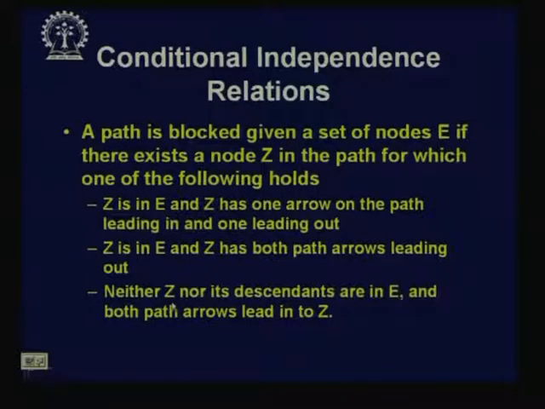Now, when we say blocked, when is it blocked? A path is blocked given a set of nodes E if there exists a node Z in the path for which one of the following holds: Z is in E and Z has one arrow on the path leading in and one leading out. That is this case.